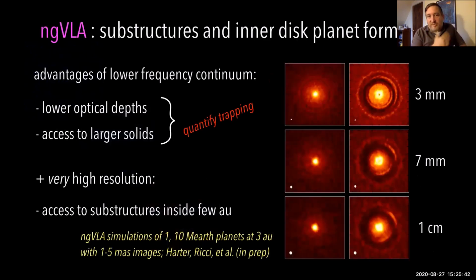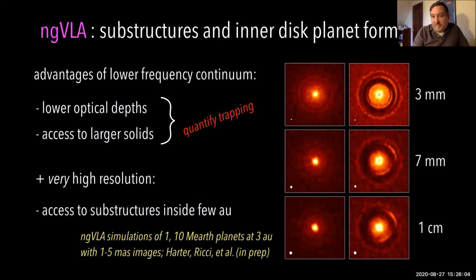And of course, we're all pushing towards a future where we have access to a different window on the spectrum at longer wavelengths, and that's with the ngVLA. So the ngVLA, in my mind, provides two key advantages. One is that you are observing the lower frequency continuum. So that gives you access to much lower optical depths.